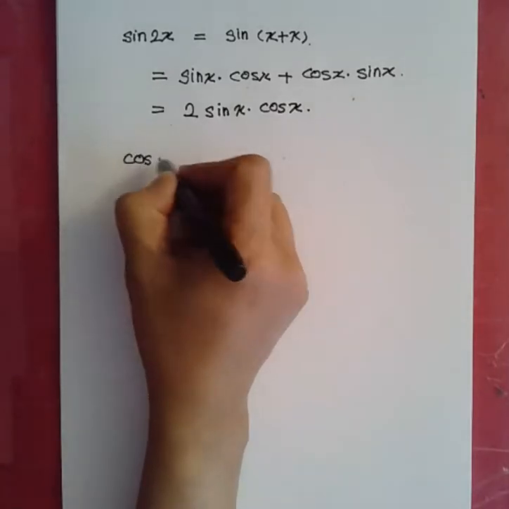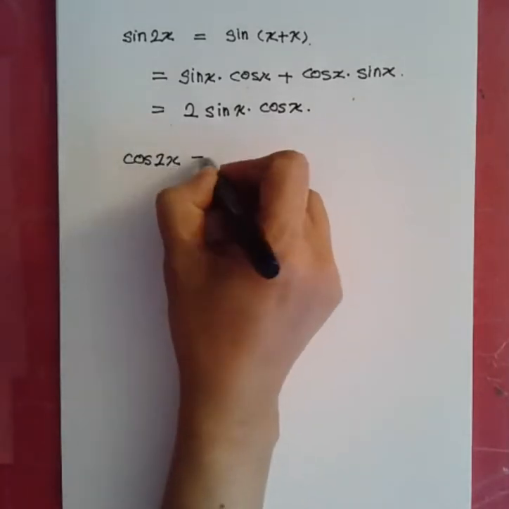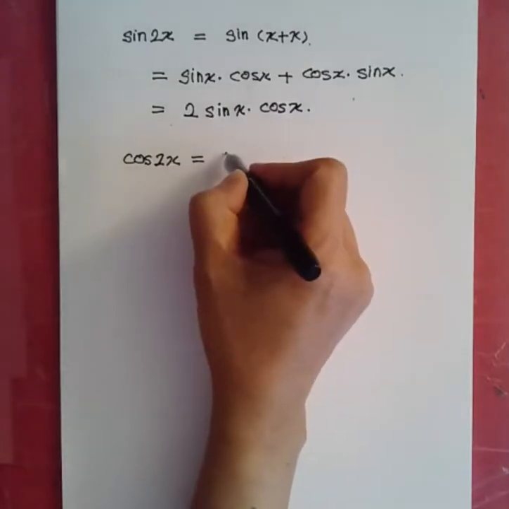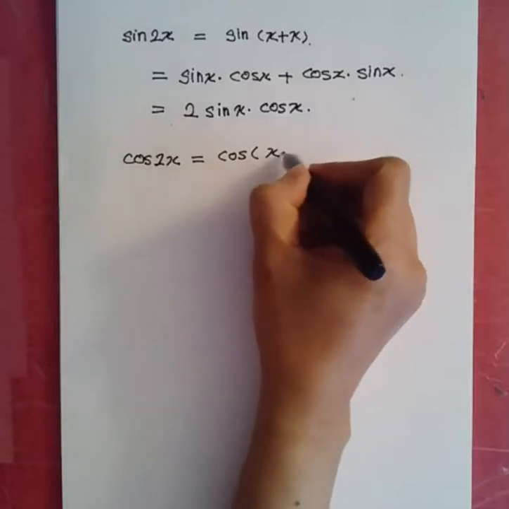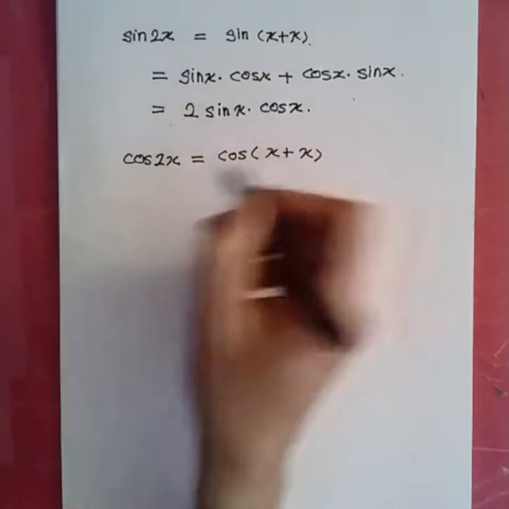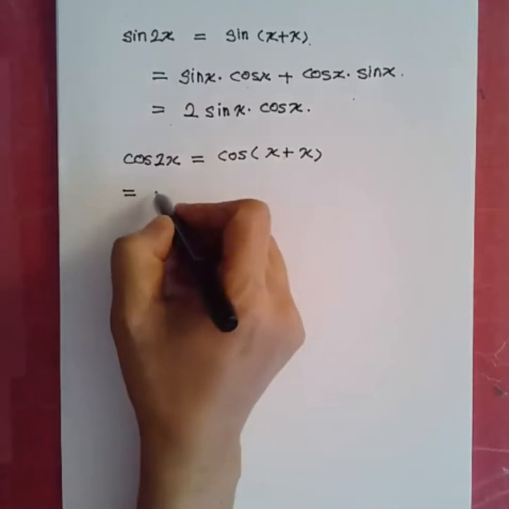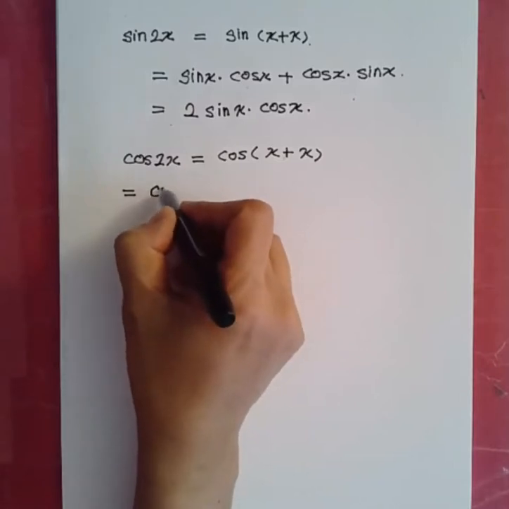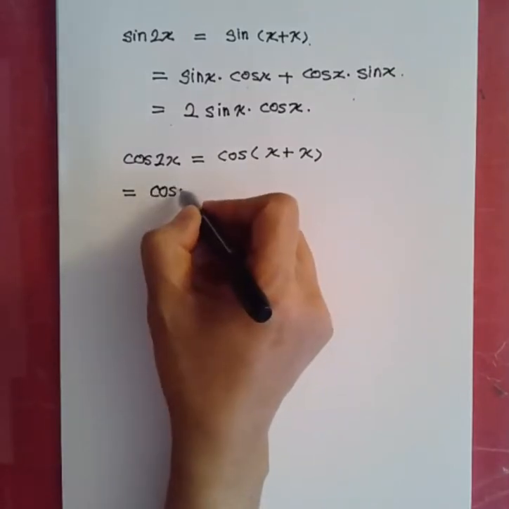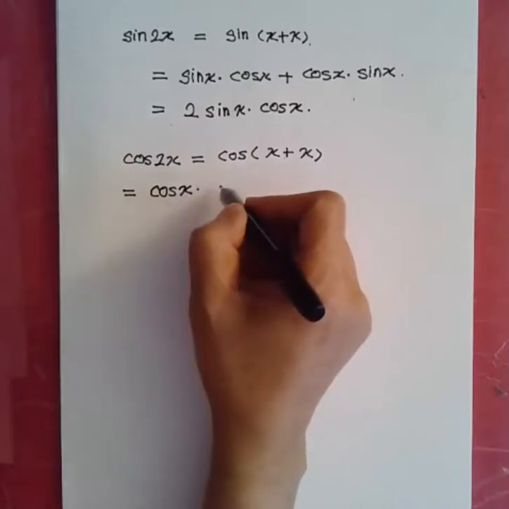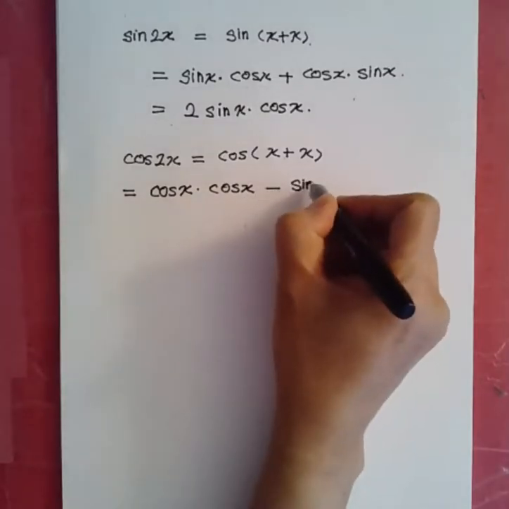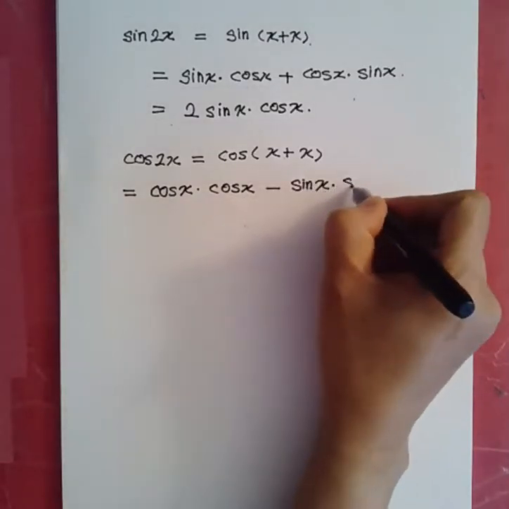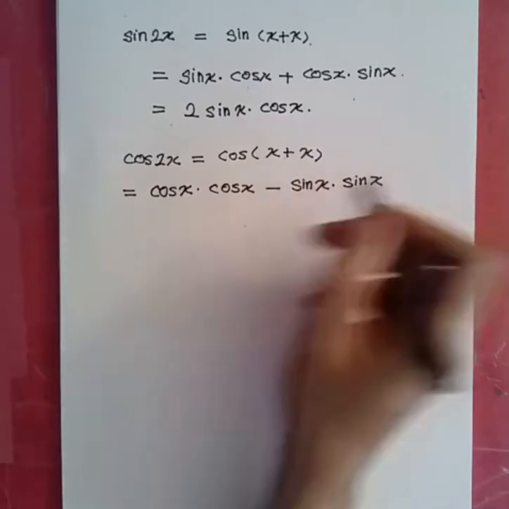Double angle formula for cosine also was derived from the sum formula of the cosine. By applying the sum formula for cosine, we have cosine x times cosine x minus sine x times sine x.